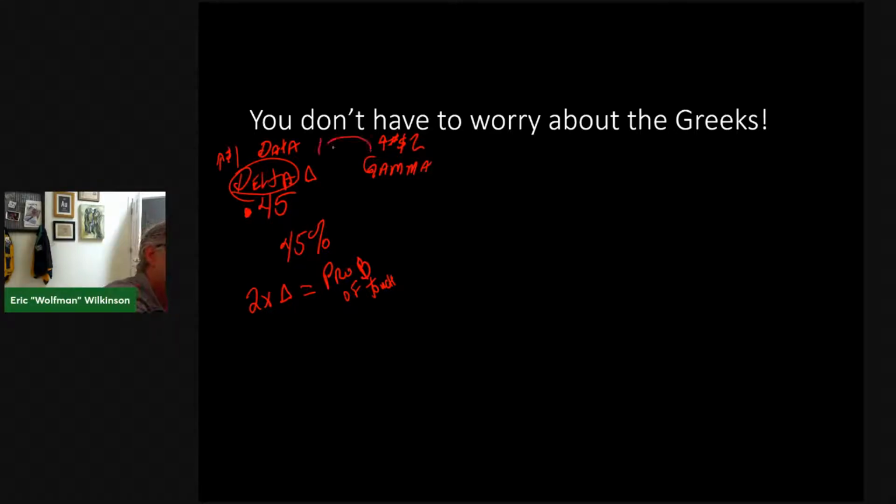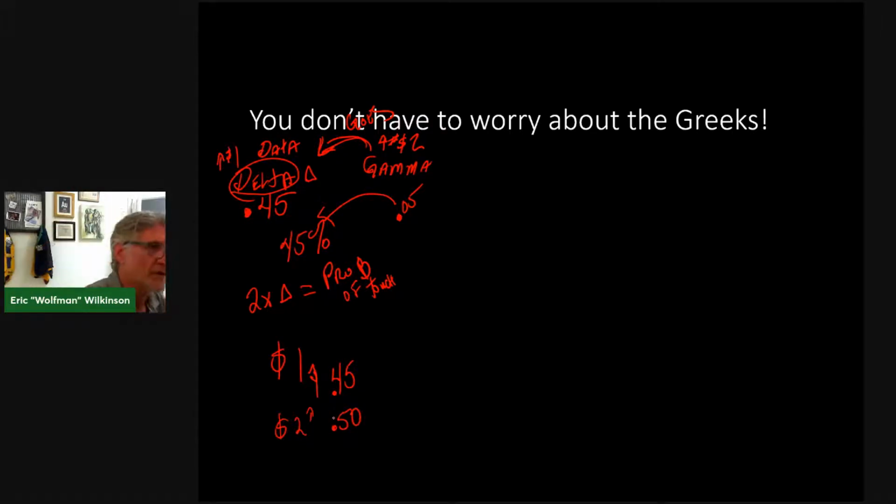On the second dollar, gamma goes with delta. So if gamma is, say, 5 cents, the first dollar increased by 45 cents, and now on dollar number 2, gamma goes with delta, and it would be 50 cents on the second dollar. Pretty simple.